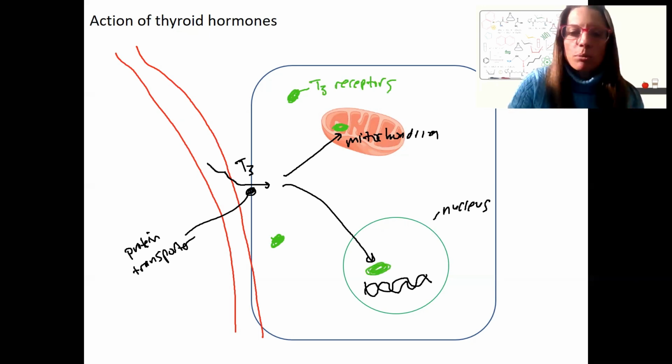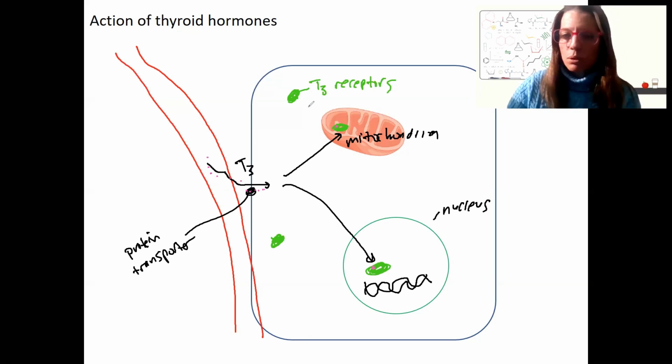So when thyroid hormone, let's make thyroid hormone pink here, comes into the cell through that protein, when it binds to its receptor, it's going to have some action. That action could be to increase ATP production.